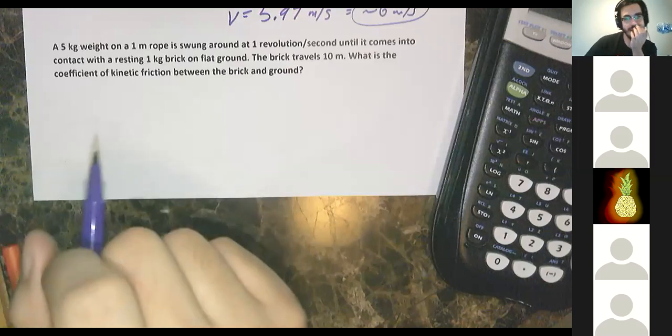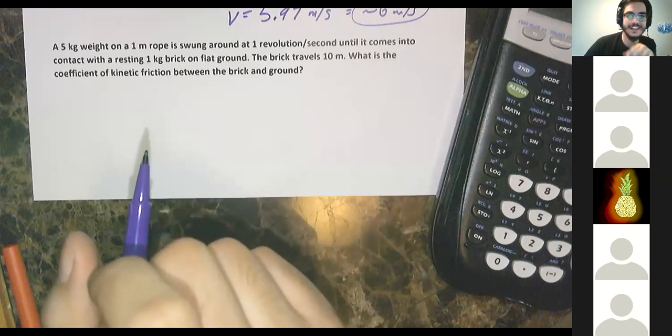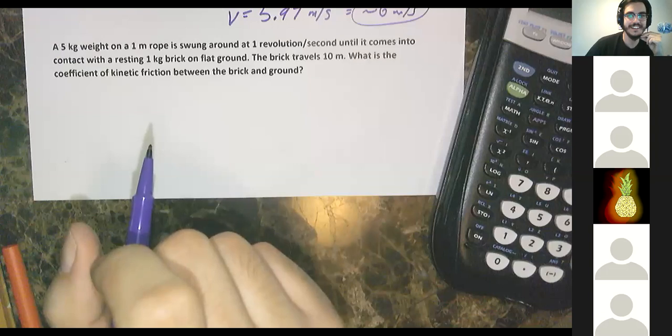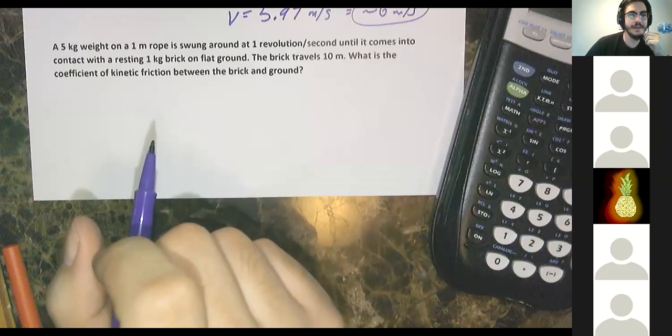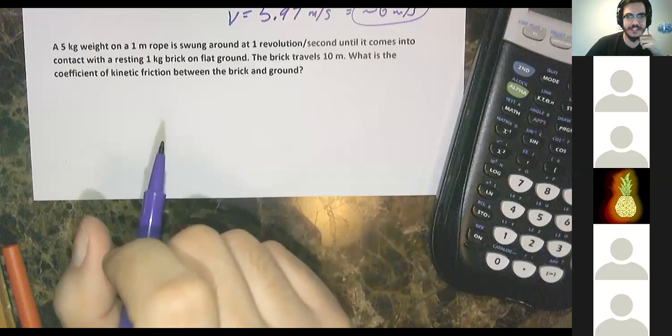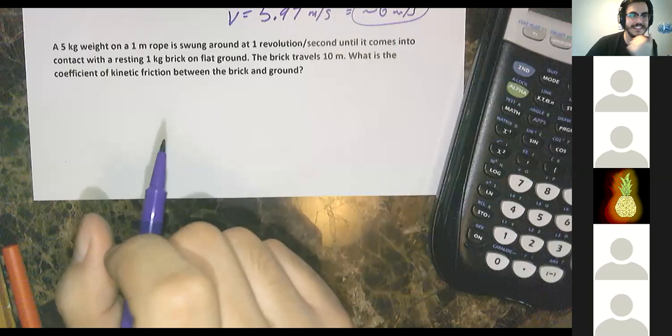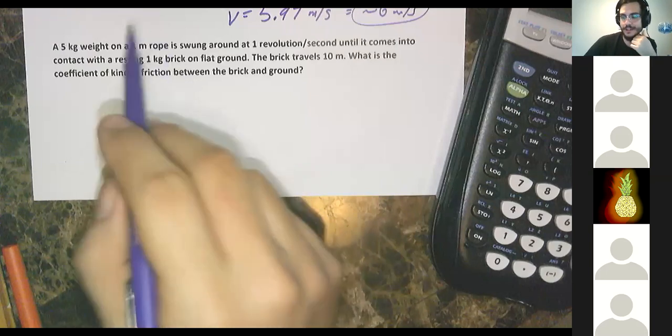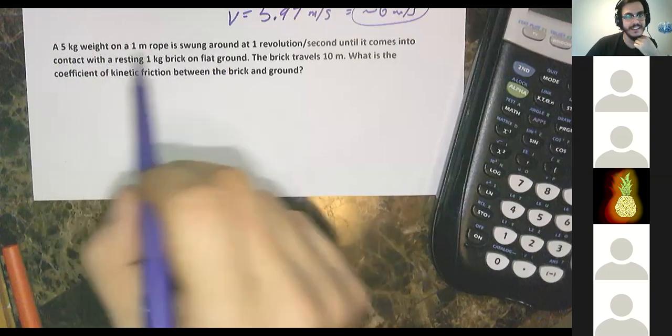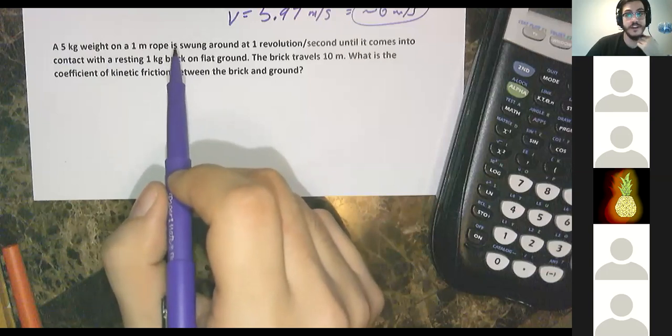Holy crap. We haven't had one of these in a while. You guys recognize this? This is the Batman problem. The one where he swings down and tackles the Joker and they slide, and how far do they slide? This is that problem, but the swinging is happening horizontally.